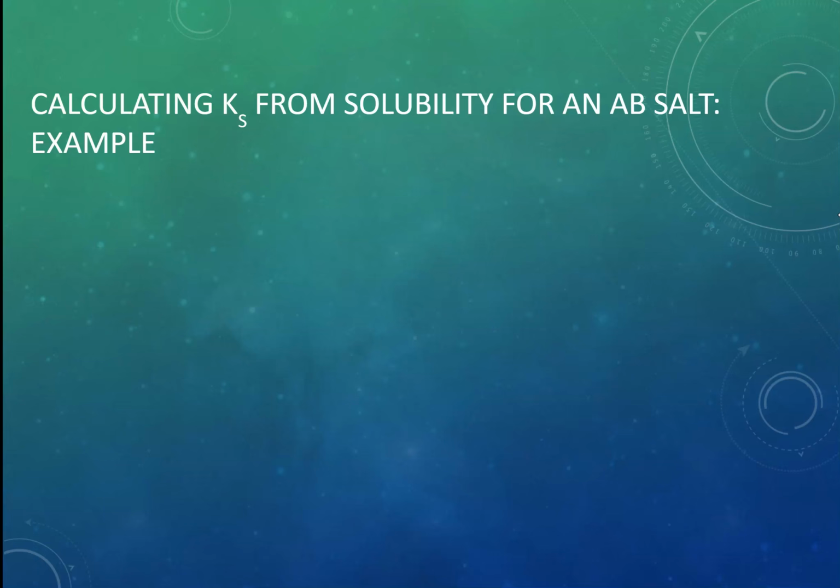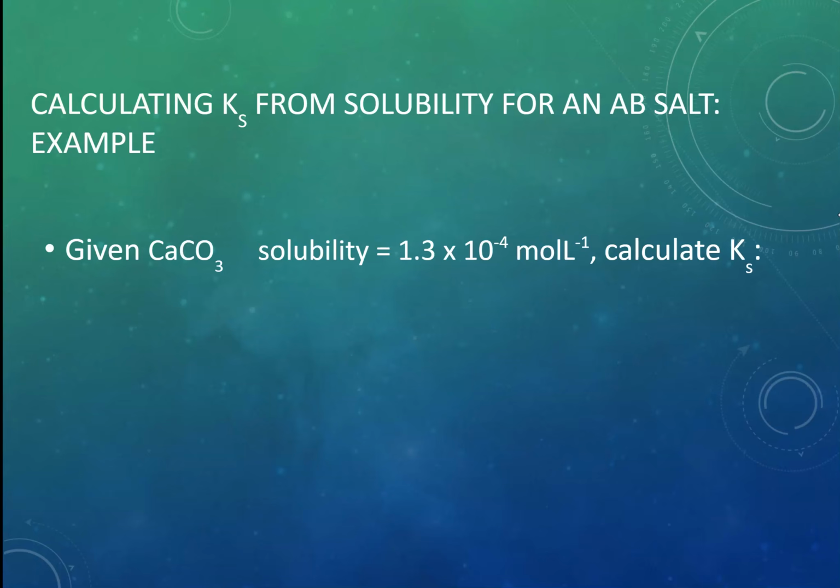We can also go the other way. So if we know the solubility, we can work out Ks. So let's imagine we've got calcium carbonate, and we know that the calcium carbonate has a solubility of 1.3 times 10 to the minus 4 mole per litre. From this we can calculate Ks for calcium carbonate.